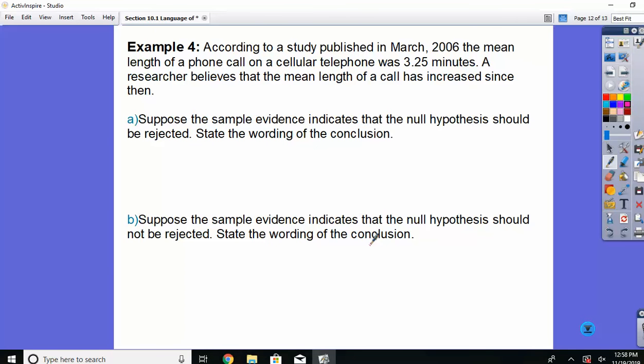We'll look at that more in future sections. So last example, according to a study, back to our phone call. Part A, suppose the sample evidence indicates the null hypothesis should be rejected. So we did this testing. Our evidence says the null hypothesis is probably not right. We need to reject that.